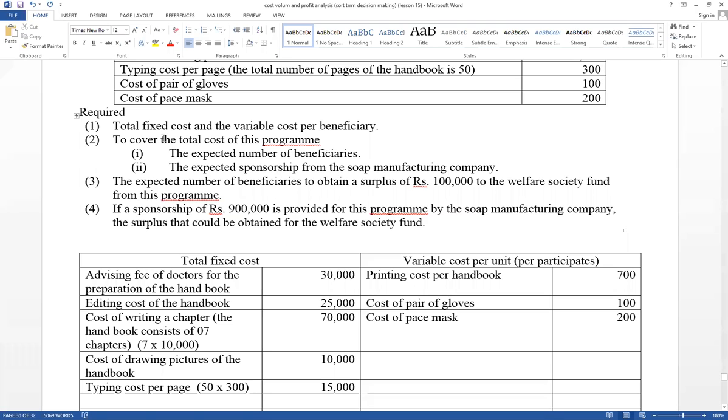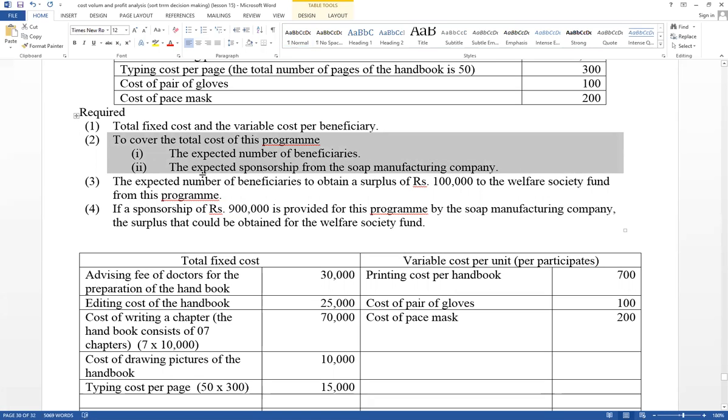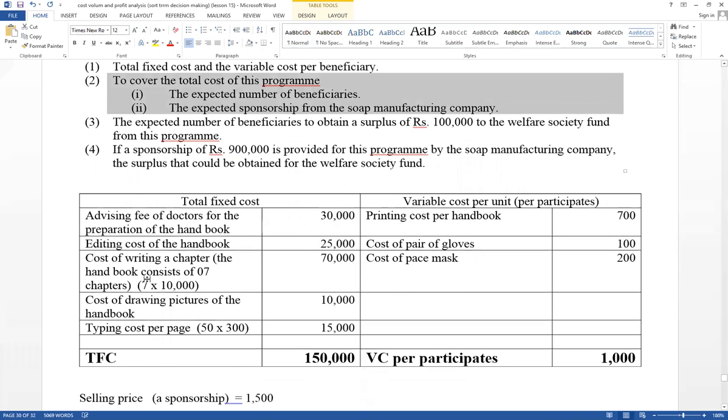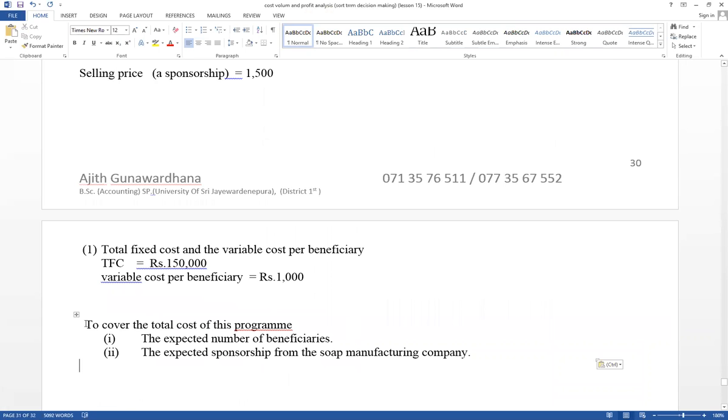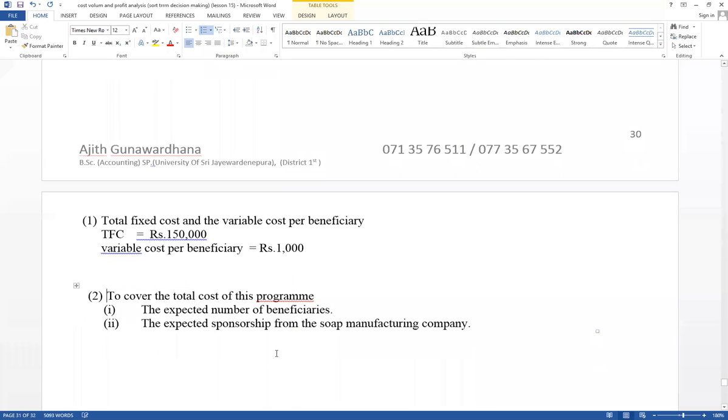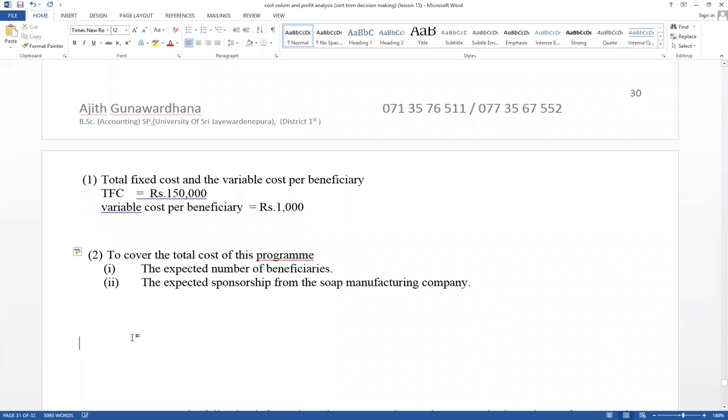Number of beneficiary as well as sponsorship value. That is a break-even point value. Therefore, second requirement, to cover the total cost, there's expected number of beneficiary part 1. That is a break-even point quantity.